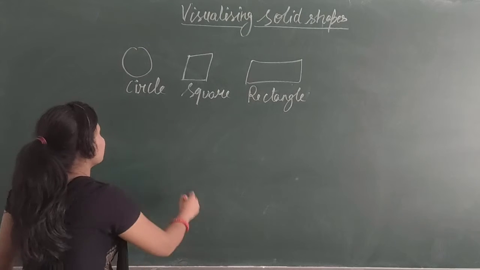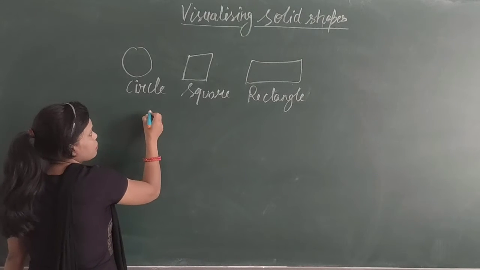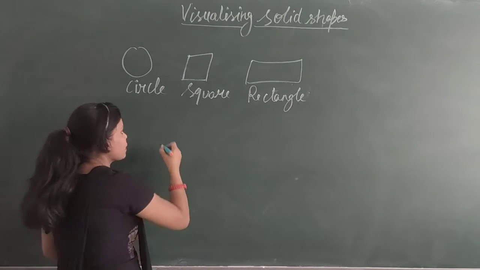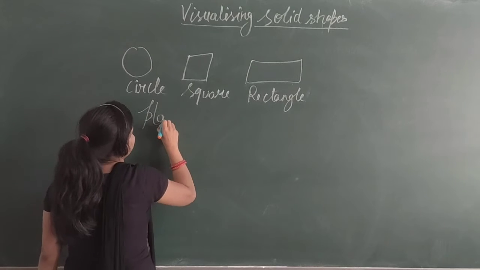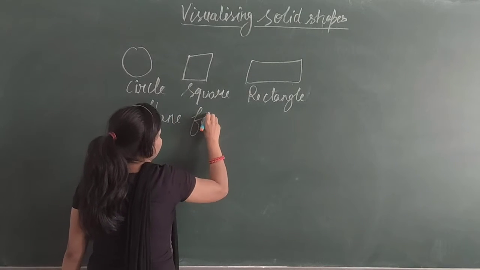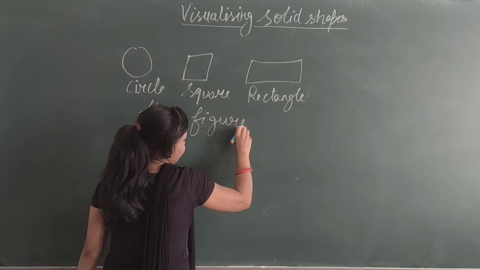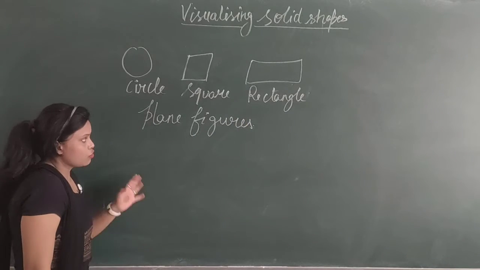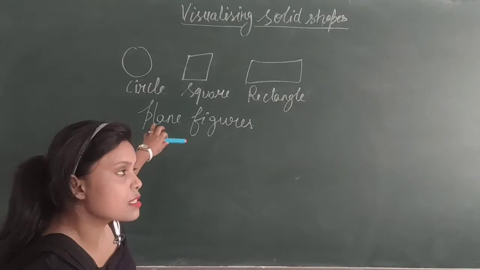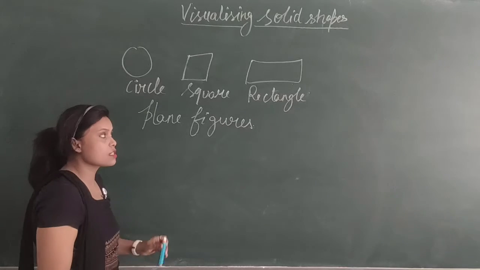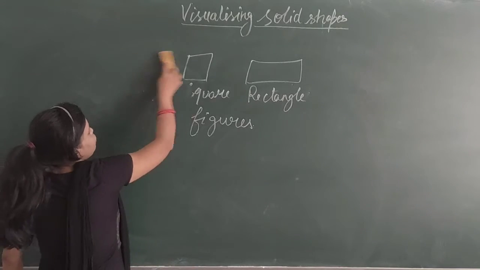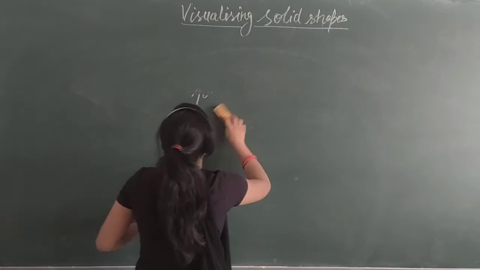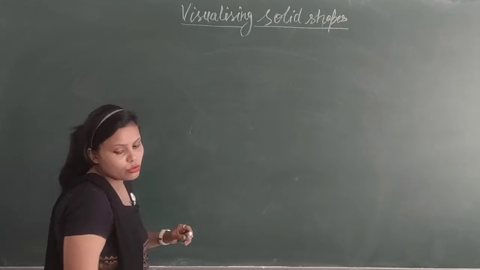These are shapes which are not solid, or we can say these are plain figures. Alright. So now we know that we have read these in previous classes. So let's start with new shapes.